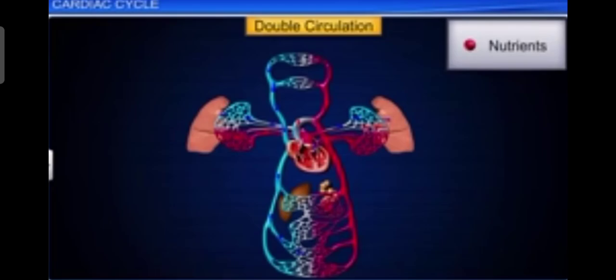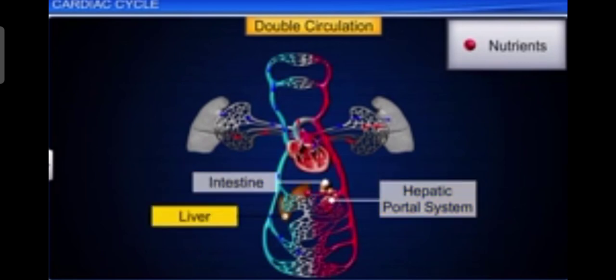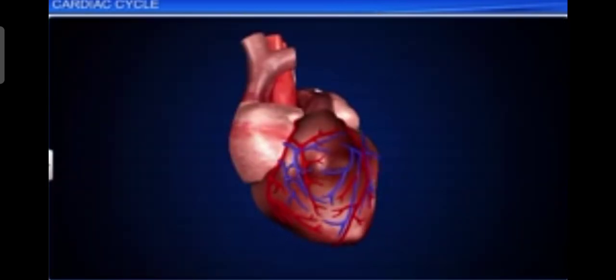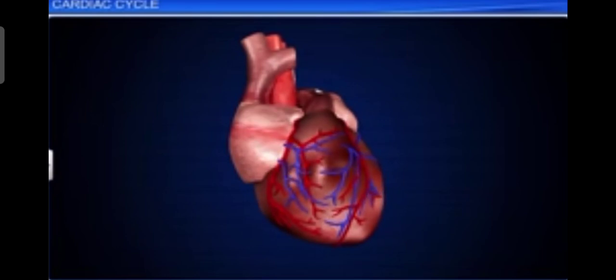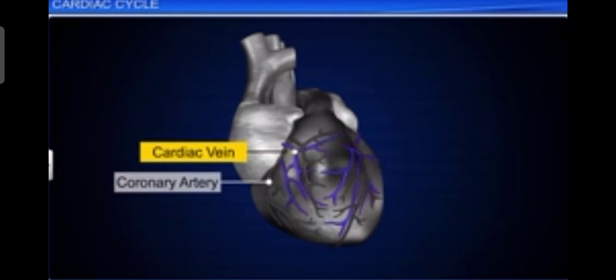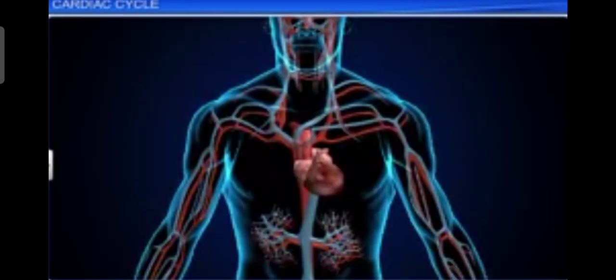A unique vascular connection exists between the digestive tract and liver called the hepatic portal system. The hepatic portal vein carries blood from the intestine to the liver before it is delivered to the systemic circulation. A special coronary system of blood vessels is present in our body exclusively for the circulation of blood to and from the cardiac muscles.